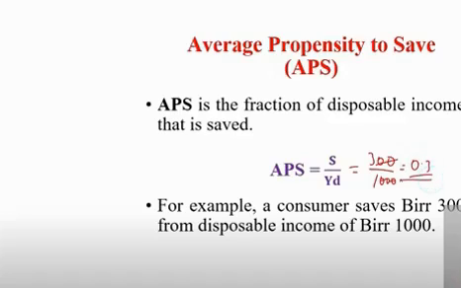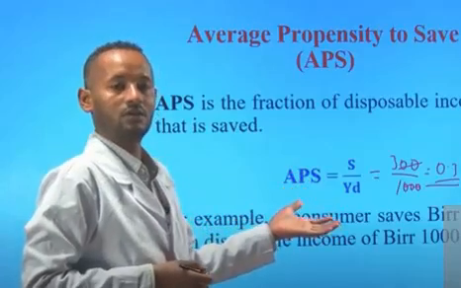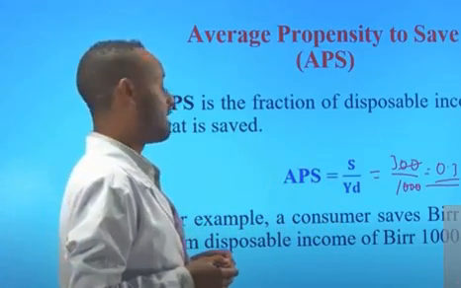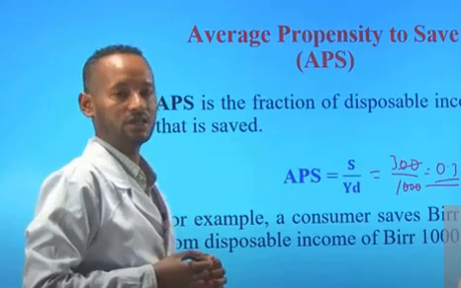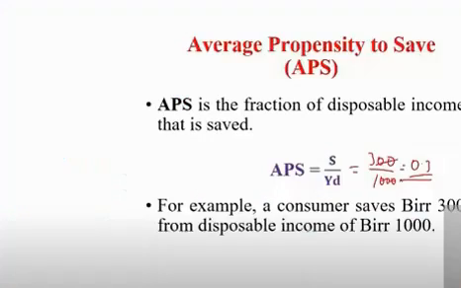This 0.3 tells us that if a consumer saves 300 birr from disposable income of 1000 birr, then the average propensity to save is 0.3. That means this household is saving 30% of his disposable income.